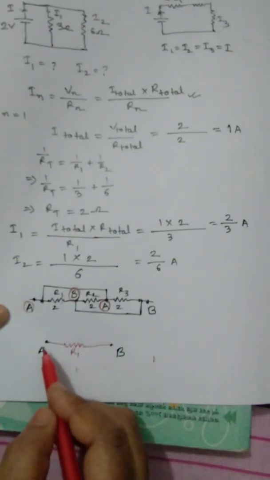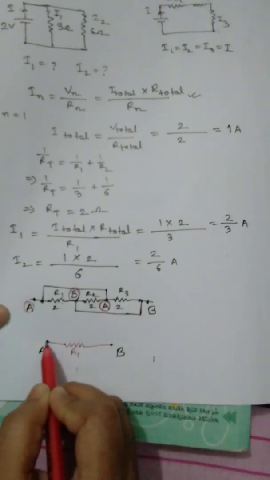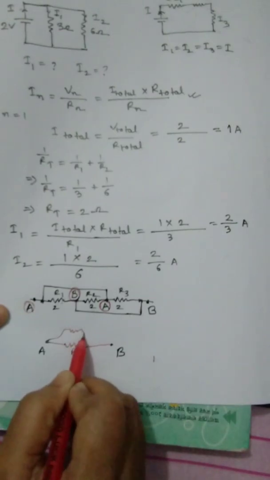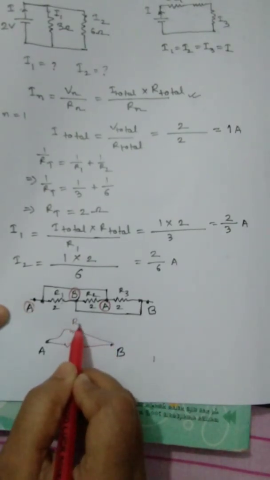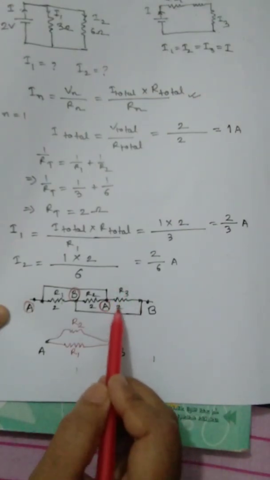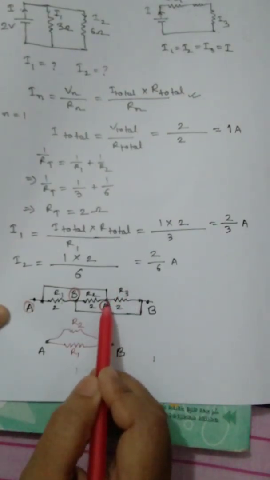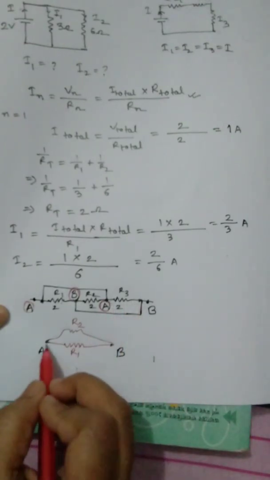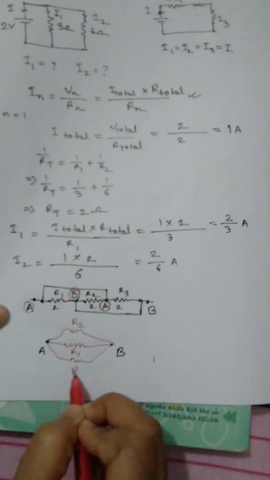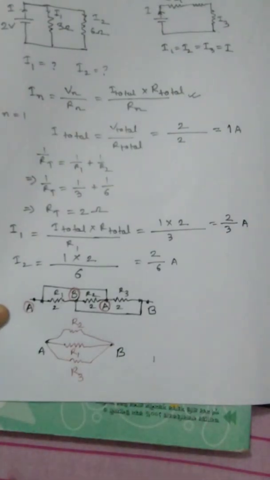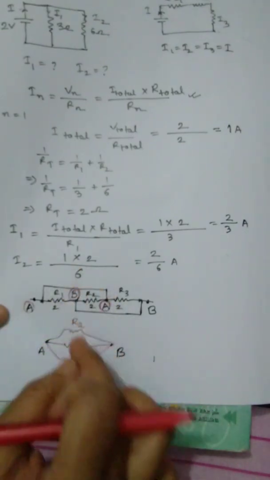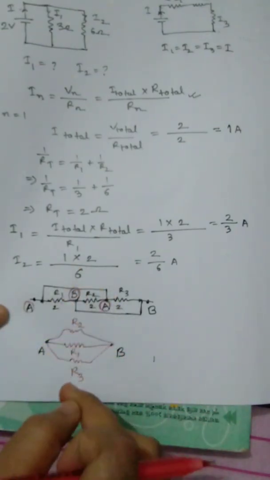So how can we connect another one over here in a parallel way? This is R2, and now if we look at the resistance R3, this is also connected between A and B. So here in parallel we can connect R1, R2 and R3. So finally we can say that these three resistors are connected in a parallel combination.